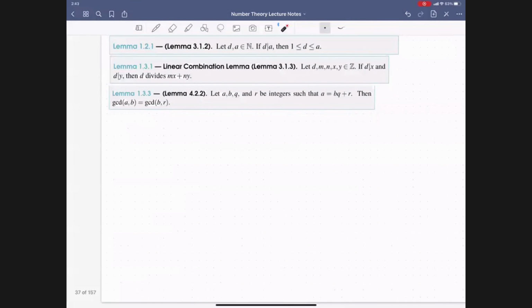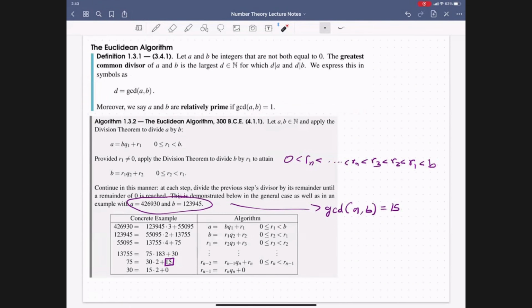What this is saying is that the GCD in this algorithm of a and b is the same as the GCD of b and r1. But then when we go to the next step, we have that the GCD of b and r1 is the same as the GCD of r1 and r2. And then we continue this process. GCD of r2 and r3 is the same as the GCD of a and b. And so what's happening is, even though the numbers are changing at each step, we're going to have a descending chain of equalities of GCD.